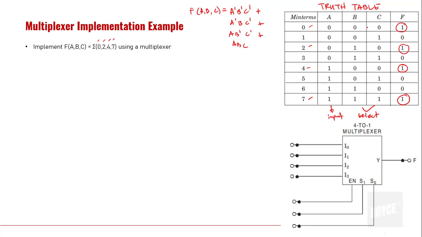We would like to represent all of these combinations by using this input, this most significant bit. As you can see here, the upper part is naka-0 yung A. And then the lower part, yung next 4, naka-1 naman yung A. So we will represent this as A prime, and we will represent this as A.